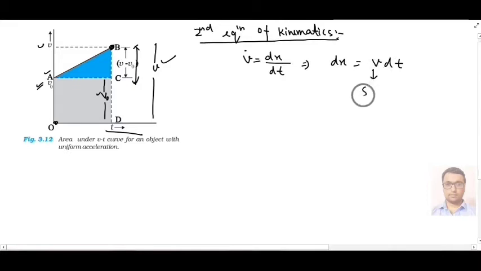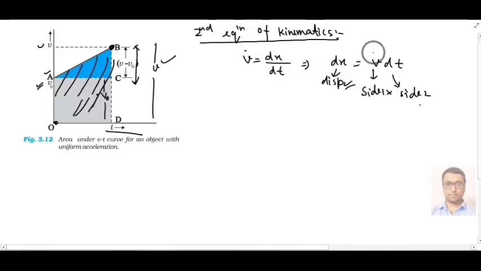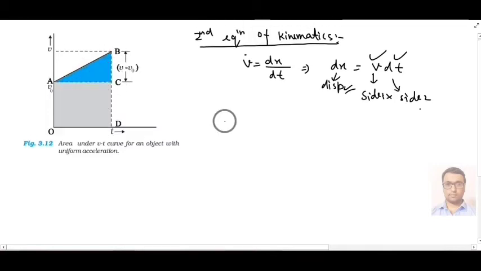Suppose this is side 1 and this is side 2, then the multiplication of side 1 and side 2 gives us dx, or displacement. So basically the area under this vt curve, first side into second side, will give us displacement. So we have to determine that area.